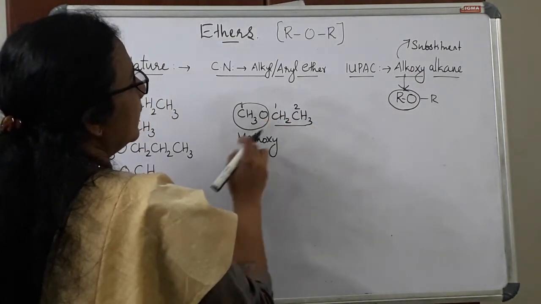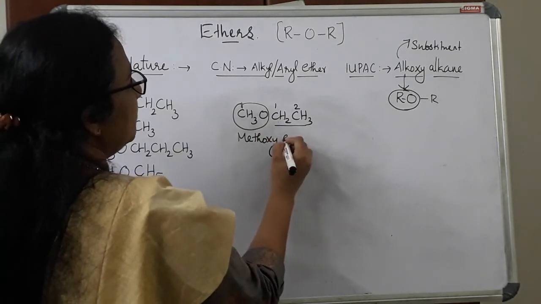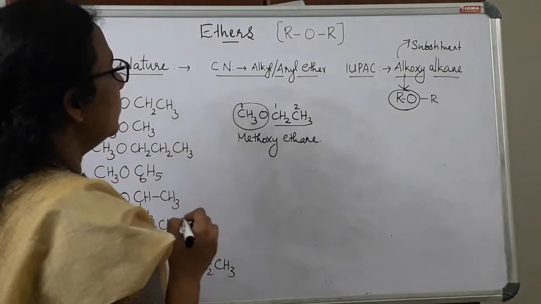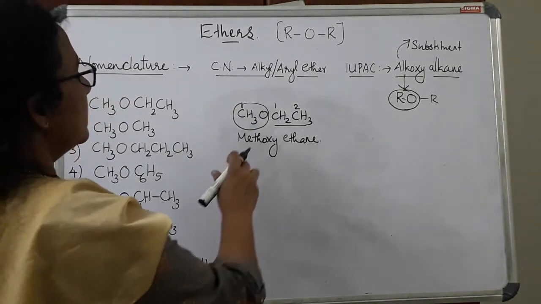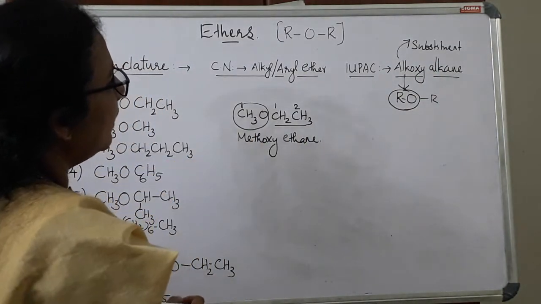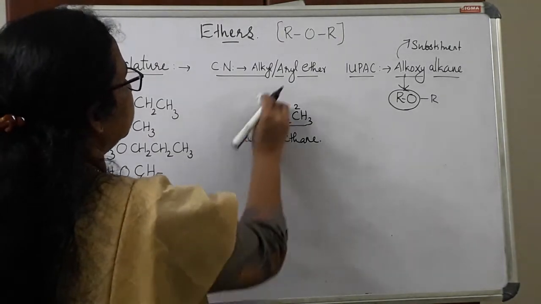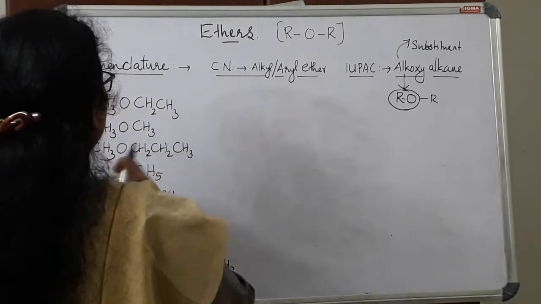Two carbon atoms are there, so the parent alkane will be ethane. So it will be methoxy ethane. So the IUPAC name is methoxy ethane. So alkoxy alkane is the common format for writing the IUPAC name. So the first one is methoxy ethane.